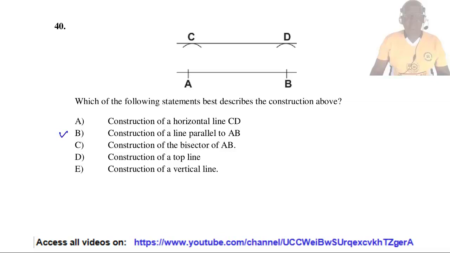Place the tip of the compass at A and draw an arc. Maintaining the same distance, we shall place the tip of the compass at B and draw an arc. Then we shall draw a line to touch the two arcs. The line is called a tangent. So that is the construction of a line parallel to AB.